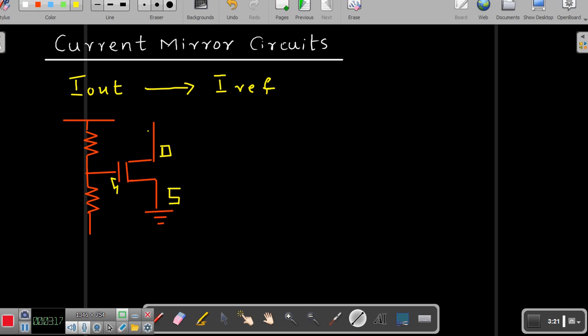And this current I will mark as the output current, I out.